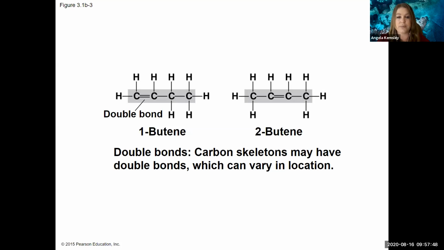Count them in both 1-butene and 2-butene. The chemical formula would be the same, but notice that structurally they're a little bit different. This is going to be important, all right? But for right now, keep in mind that double bond can move, and we can have both single bonds and double bonds.